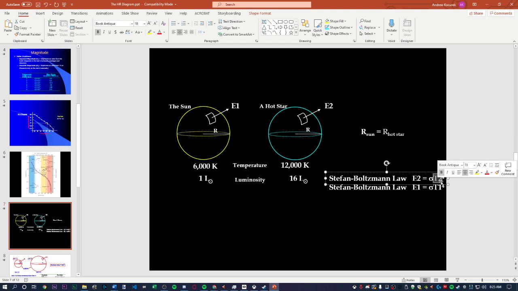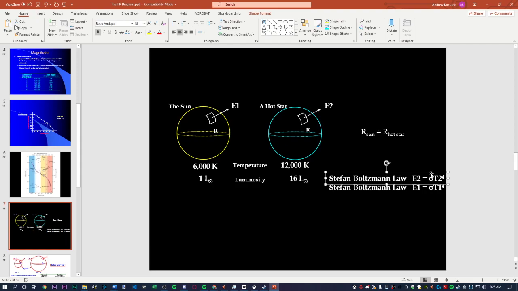So you have 2, and to the fourth power, if you were to divide these, the fourth power would go on the outside of the bracket. So T2 divided by T1 to the fourth power. Okay. So all we have here is 2 to the fourth.